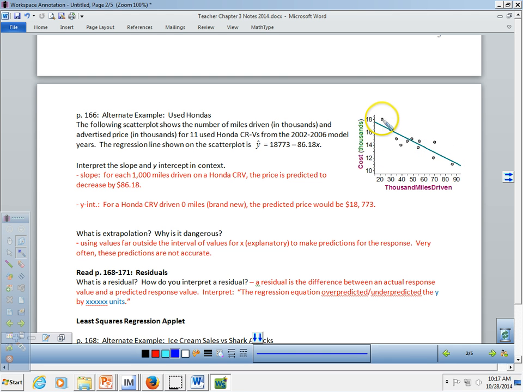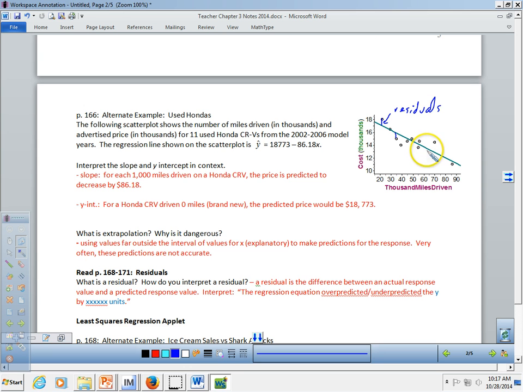And so this is our actual data. If we were to drop a vertical line, that would represent the residual. This distance is the residual. And so when we draw a best fit line, in order to get a least squares regression line, we want to draw this line to where all of these residuals are as small as possible.